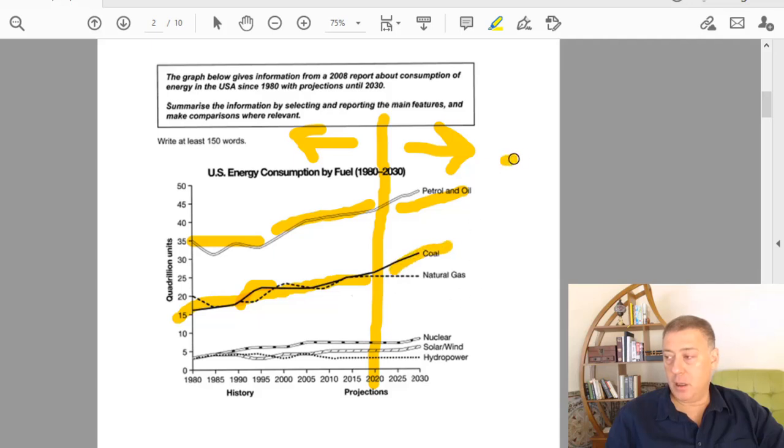So here we've got 3 bits, 2 bits. Natural gas, plateau, this period where things flatten out, that's something you need to talk about. And then you might talk about this and this. So there's 3 more.